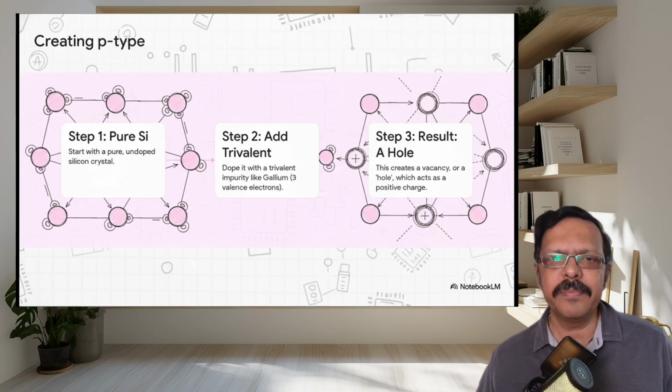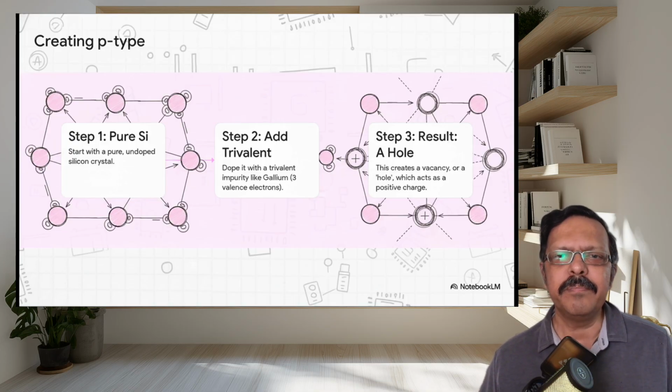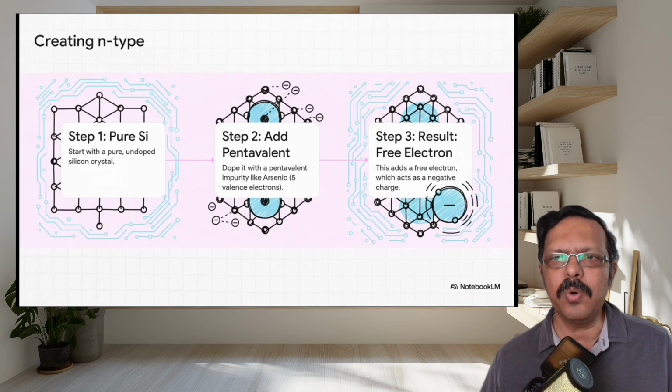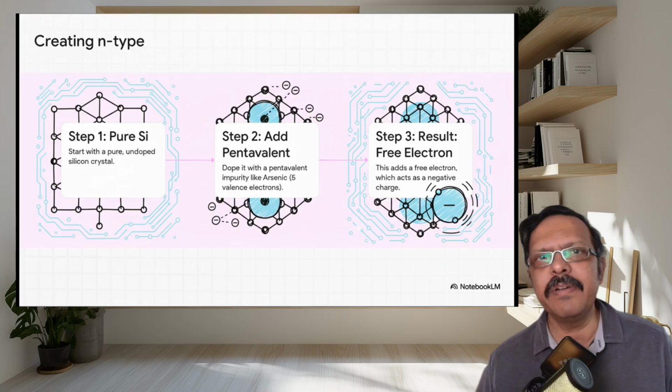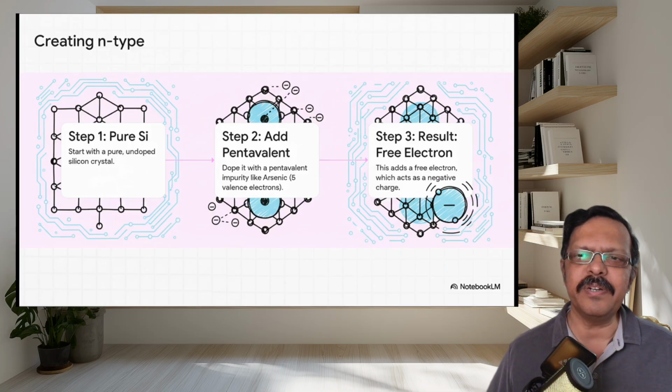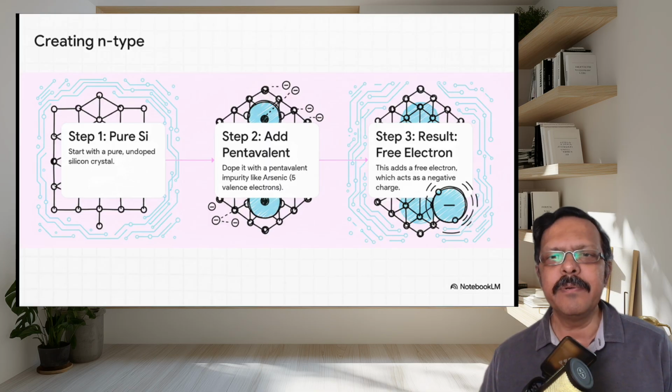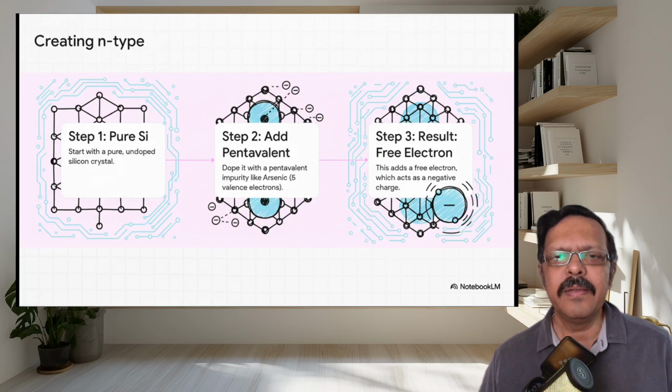So there are two types. P type, which is basically a trivalent element like boron, which creates holes, and N type, which is a pentavalent element. You need to go deeper to understand this, but basically P type creates holes, N type adds free electrons. Just remember that. P type has holes as majority carriers, N type has electrons as majority carriers.